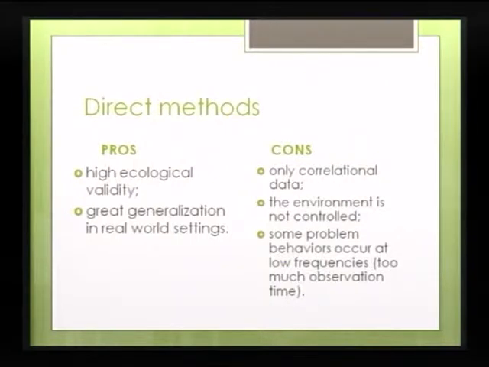These methods have high ecological validity, but they are based only on correlational data. So you observe a behavior in a time period, and obviously, if the behavior occurs at low frequencies, you are not able to track this kind of data.